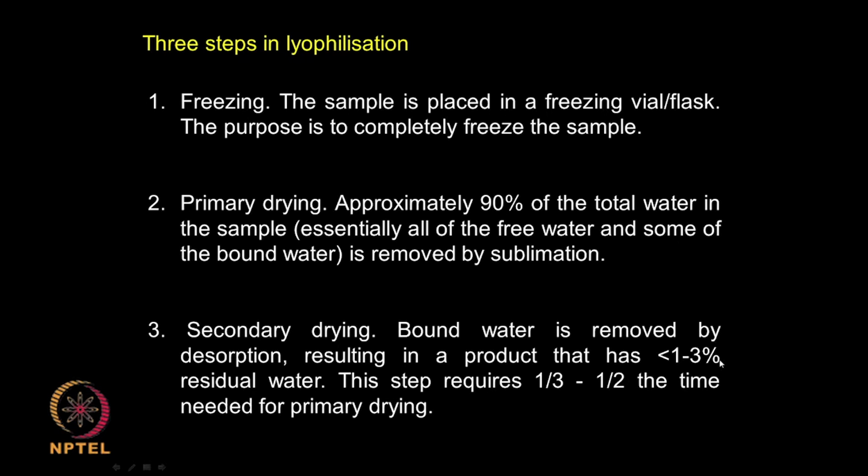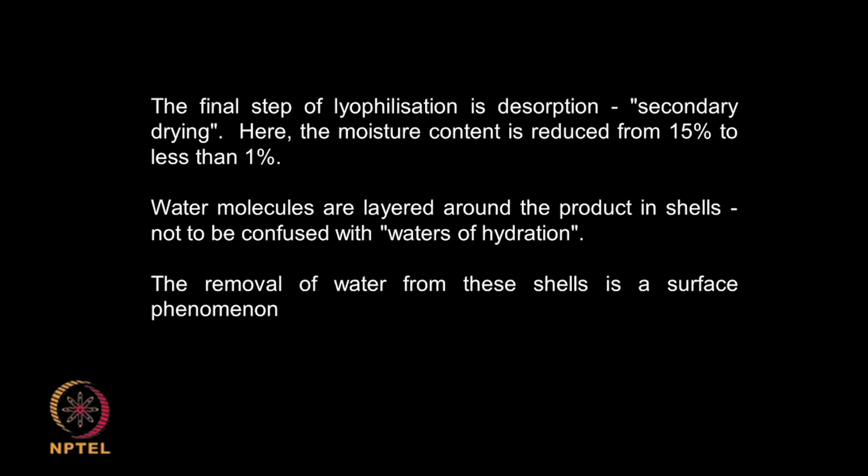So bound water is removed by desorption, resulting in a product that has a very low amount of moisture. So in the secondary drying the moisture content is reduced to almost 1%. Then removal of water from the shell is a surface phenomenon actually.